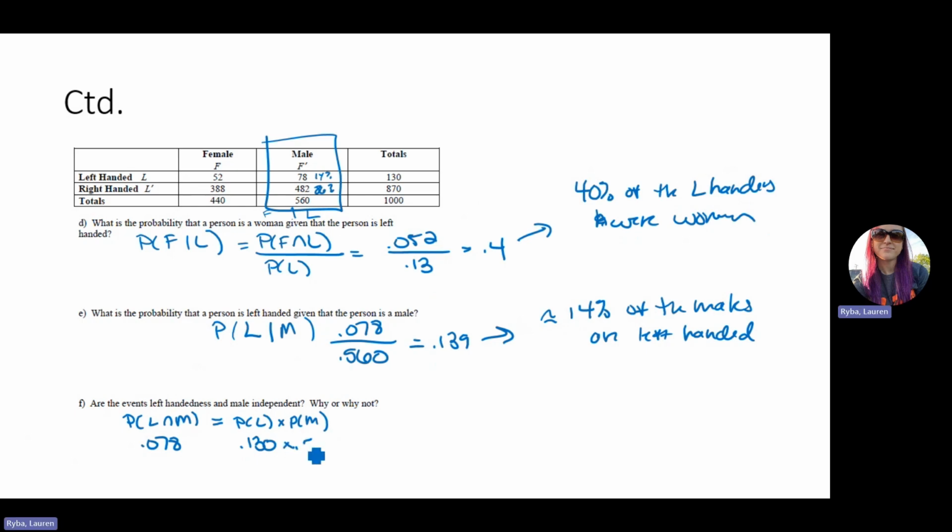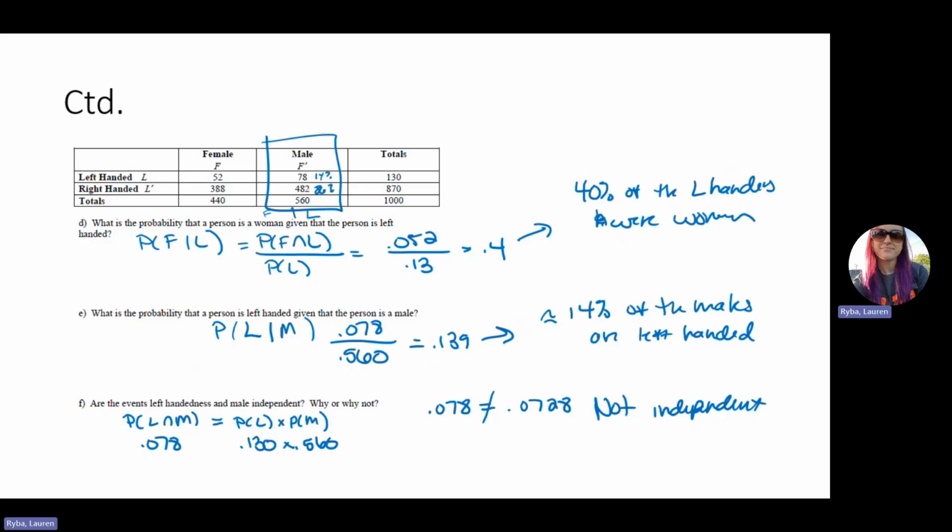Male, 0.560. And if I multiply those together, I got 0.078 on the left-hand side. If I multiply the right side, 0.0728. They are not equal, and therefore they are not independent.